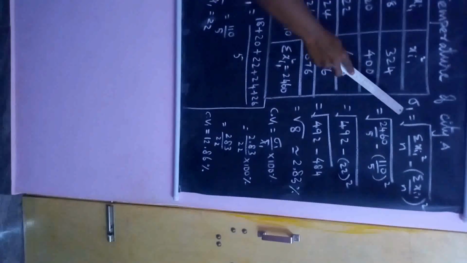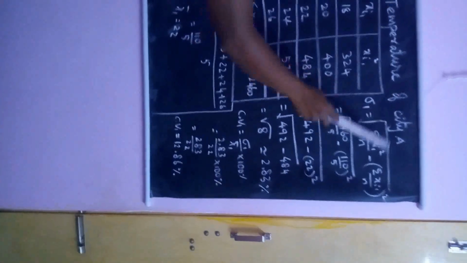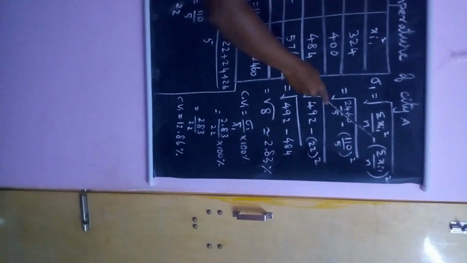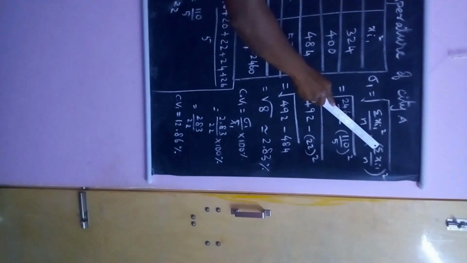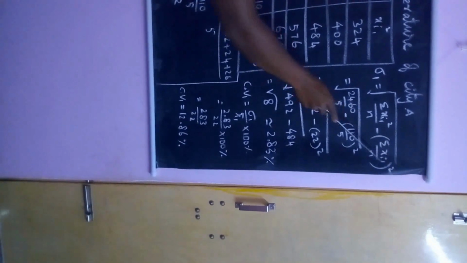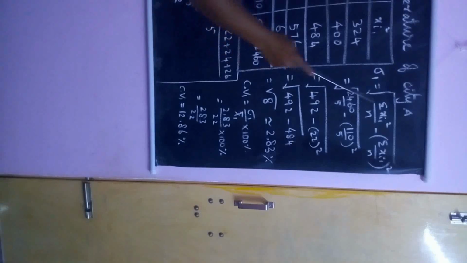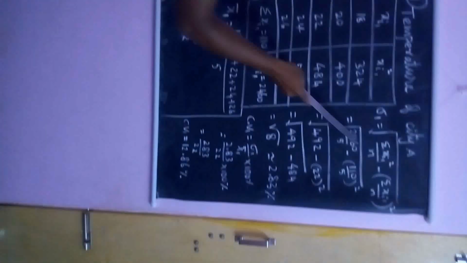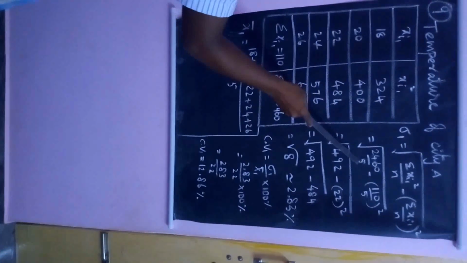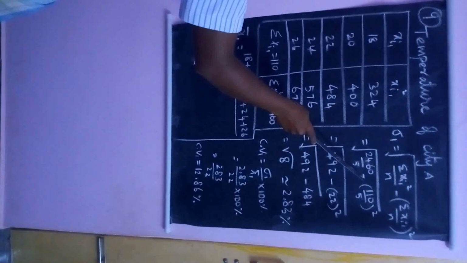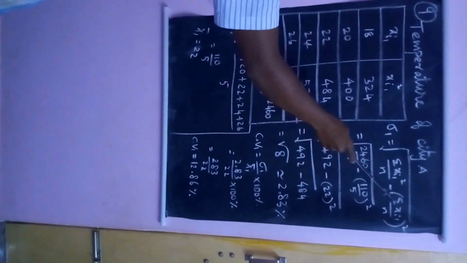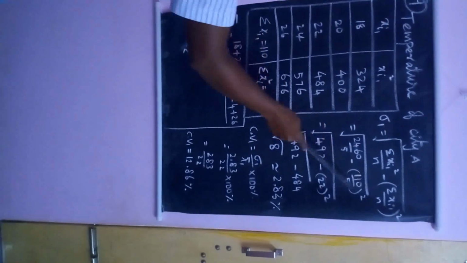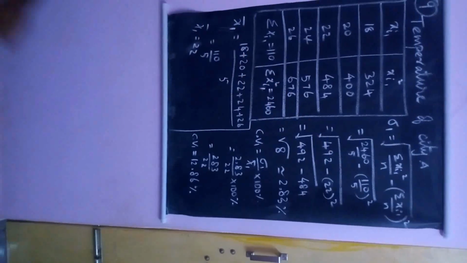Next, sigma 1 equals the square root of summation xi1 square divided by n, minus summation xi1 divided by n, the whole square. Summation xi1 square equals 2460 divided by n equals 5, minus summation xi1 equals 110 divided by 5, the whole square.